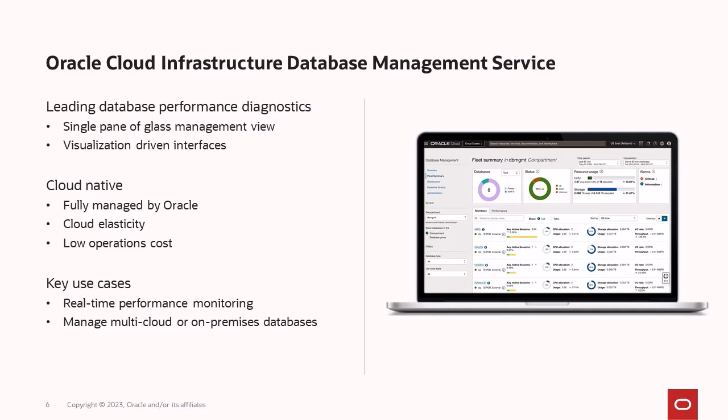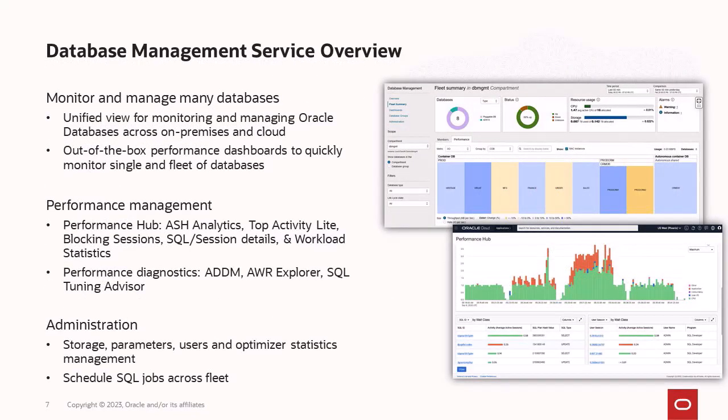The features comprising the service are designed to minimize effort in the monitoring and administration of your database fleet. A unified view for managing all of your Oracle databases across on-premises and the cloud provides quick insights into overall performance and short-term resource trends of your databases. Performance diagnostics are provided with integrated views of database activity. Drilling down into a single resource homepage offers an overview of the performance.